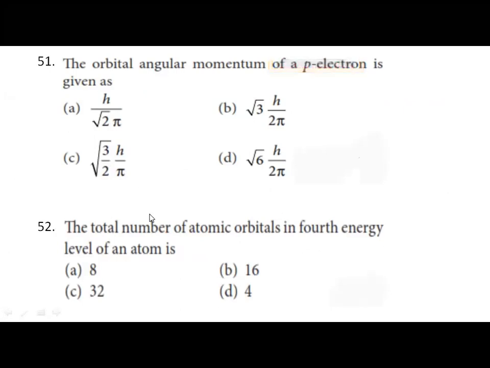Next question. The total number of atomic orbitals in fourth energy level of an atom is.